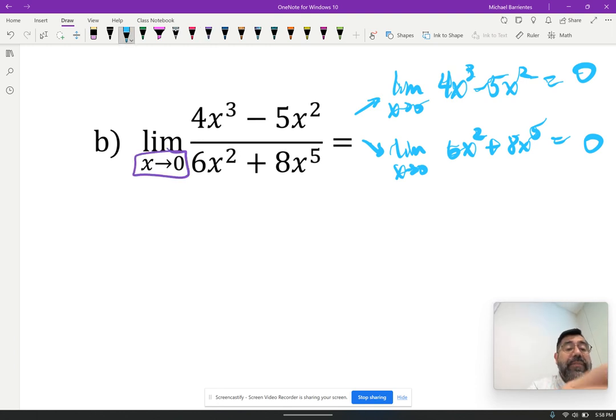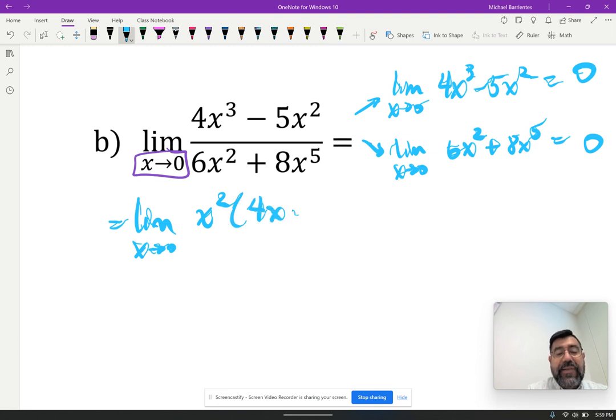And when I look at my expression here, I realize the two terms in the numerator have an x squared in common. So I can factor out an x squared. That leaves me with 4x minus 5. And the terms in the denominator expression have an x squared in common, so I can factor out an x squared.